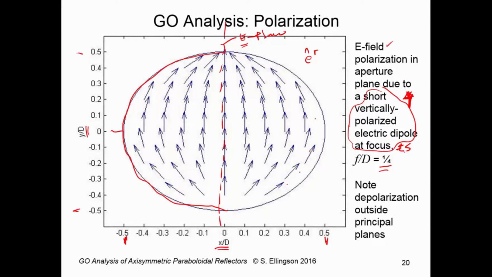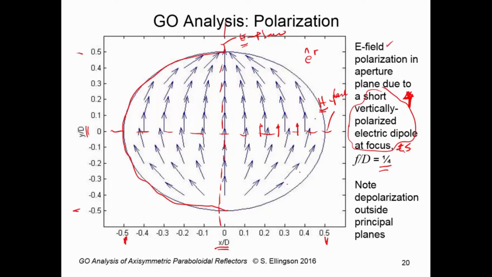If we look at the H plane, which is this plane right here, we also see the unit vectors have the same direction that we would expect. They are cleanly polarized, uniformly polarized in the vertical direction, again, as we would expect.